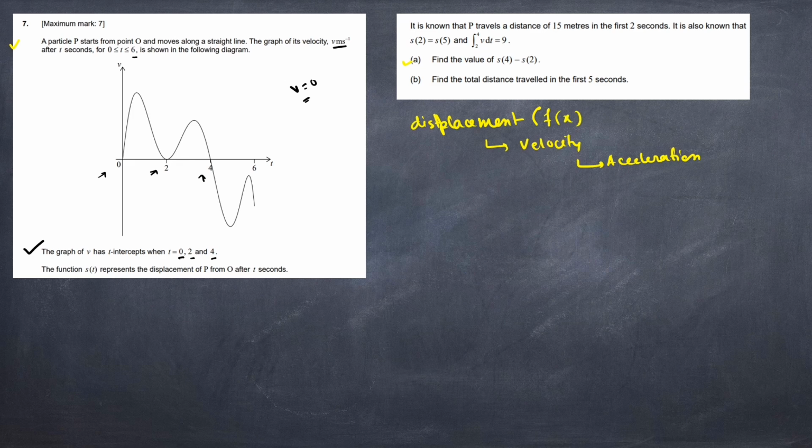So if displacement is noted by f(x), then velocity will be f dash x and acceleration will be f double dash x. So basically acceleration is the derivative of velocity and velocity is the derivative of displacement with respect to time. Now if we try to get velocity from acceleration, what we need to do? If we try to go from acceleration to velocity, then we need to do integration.